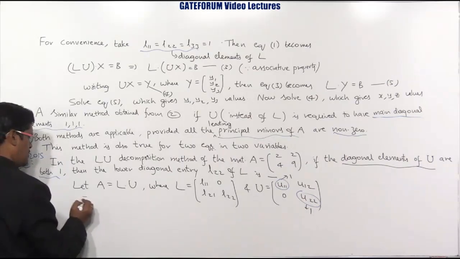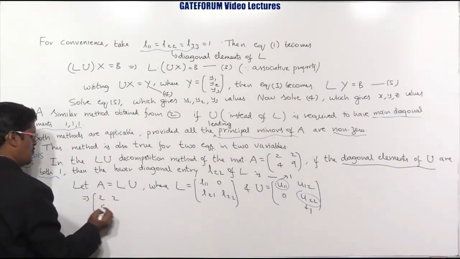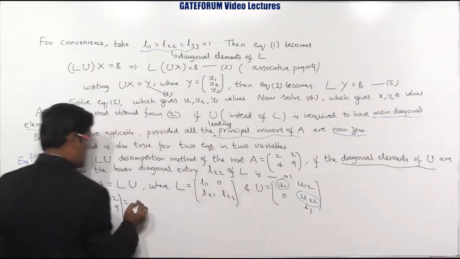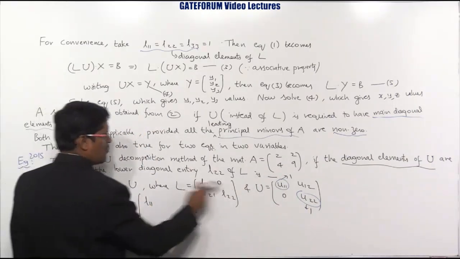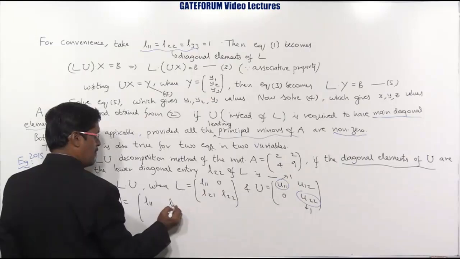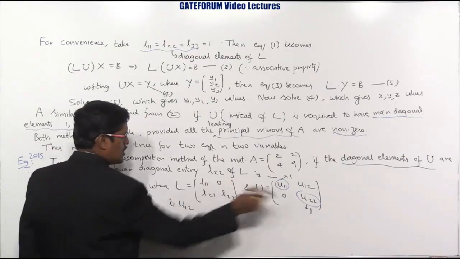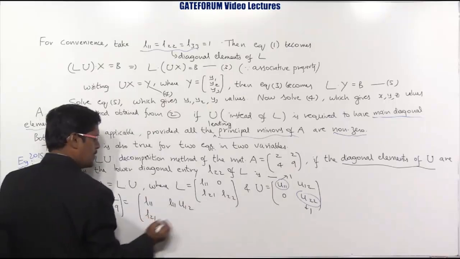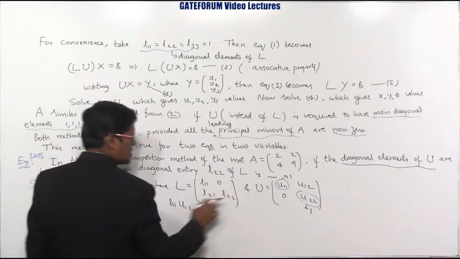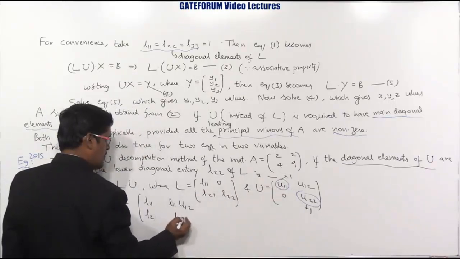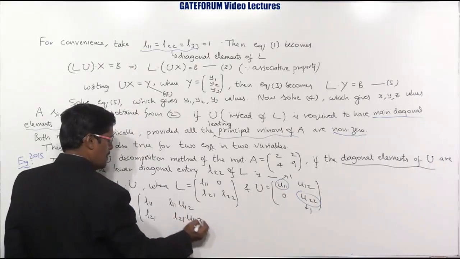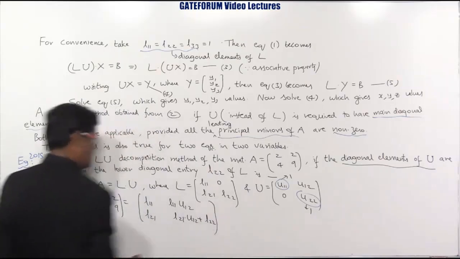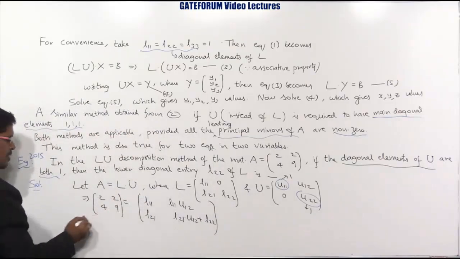So, from this, what is A matrix? 2, 2, 4, 9. What is L into U? First row into first column gives L11. First row into second column, that is L11 U12 plus 0 into anything, 0. Second row into first column, L21 into 1, that is L21 plus L22 into 0, 0. Next, second row into second column, L21 into U12 plus L22 into U22 value 1. That is no change. So, two matrices are equal means corresponding elements are equal.